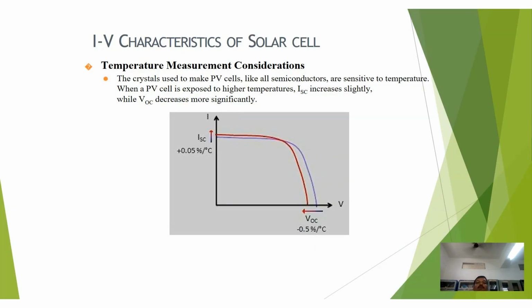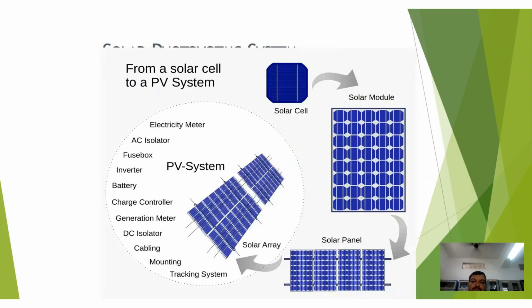So when a PV cell is exposed to high temperatures, Isc increases slightly while Voc decreases more significantly. Because current increases by 0.05 percent, whereas voltage decreases by 0.5 percent. Because of the temperature rise, the open circuit voltage decrease is more significant compared to the current.